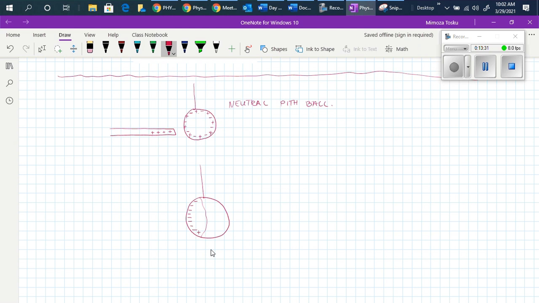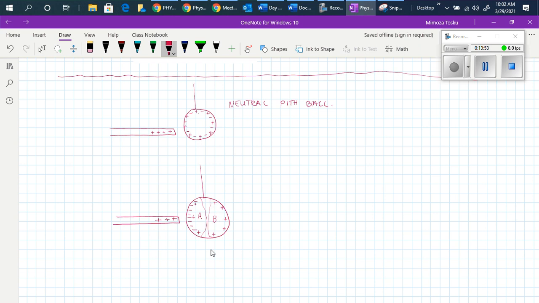There are some positives around, but here it is more negative in area A than in area B. So it is a redistribution of charges.